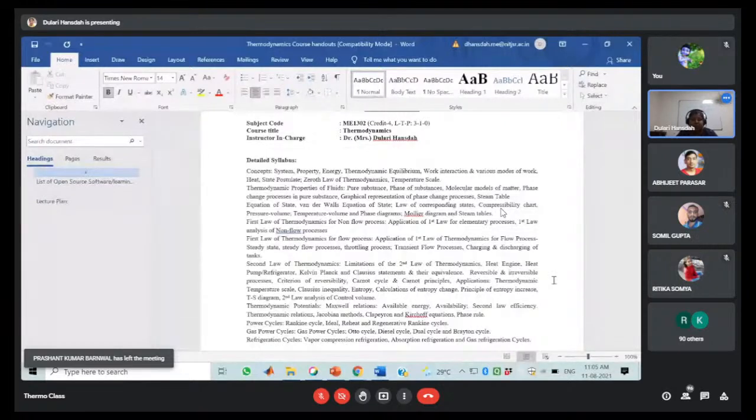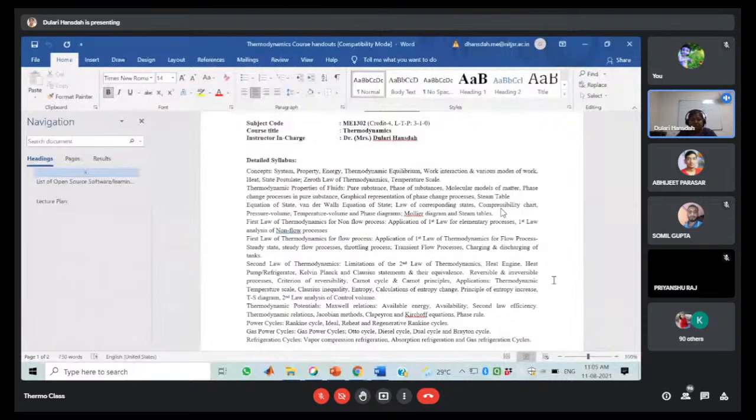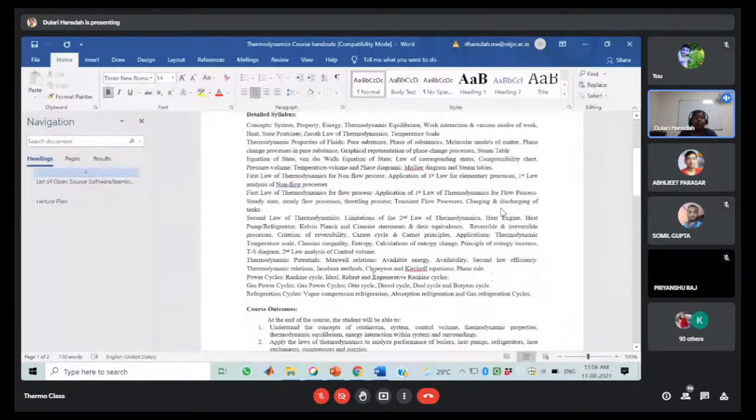Okay, then we will discuss the different cycles. We will study only the basics in this case. There are different types of cycles, like the Carnot cycle and Rankine cycle. Mostly there are different categories. Here you can see there are the power cycles. Power cycles will include the Rankine cycle, ideal reheat and regenerative Rankine cycles.